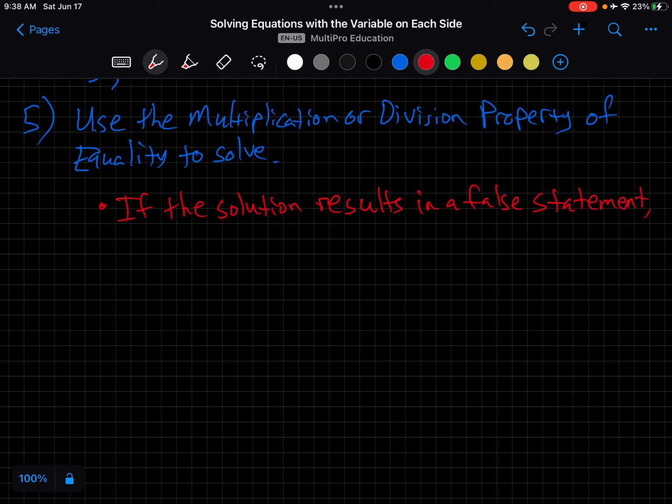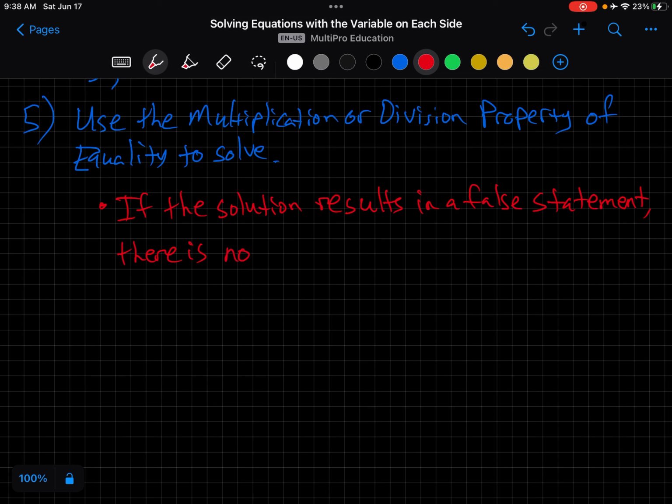We had 1 was equal to minus 40, and that was not true. There is no solution. It's hard to keep straight here.